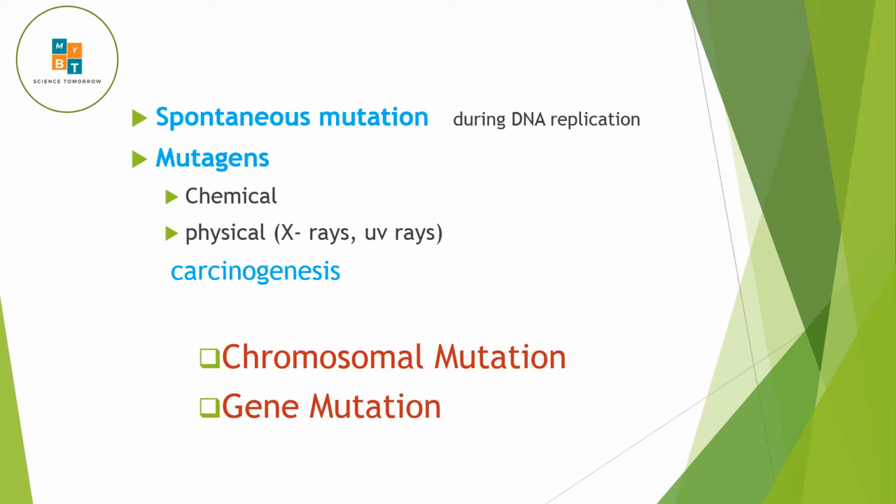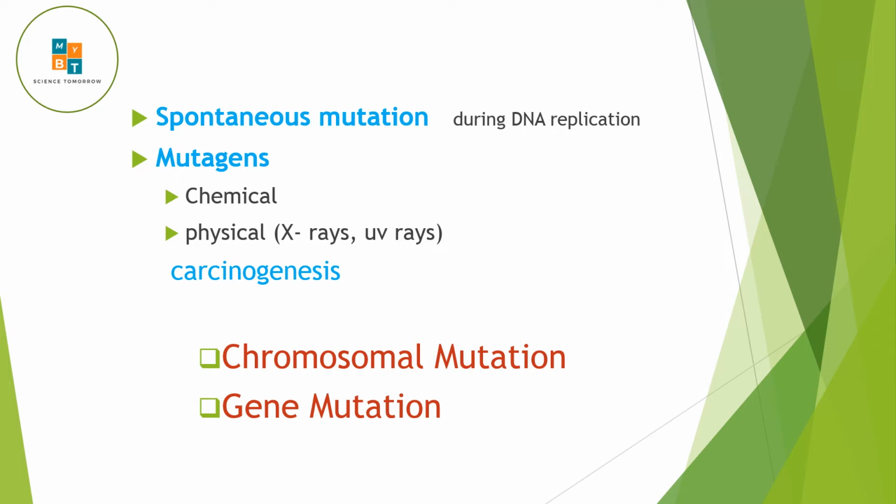There are two ways of producing mutation. The first one is during DNA replication. We call this spontaneous mutation. We know that during DNA replication, sometimes we can have DNA mismatches. These mismatches will result in mutation.